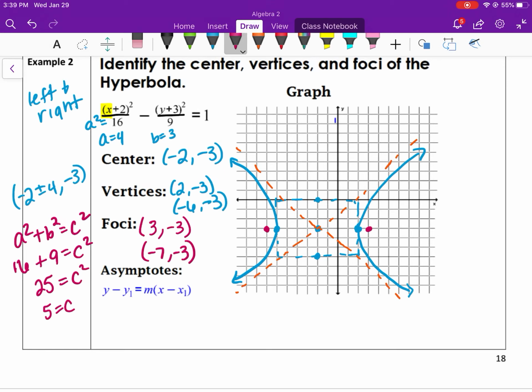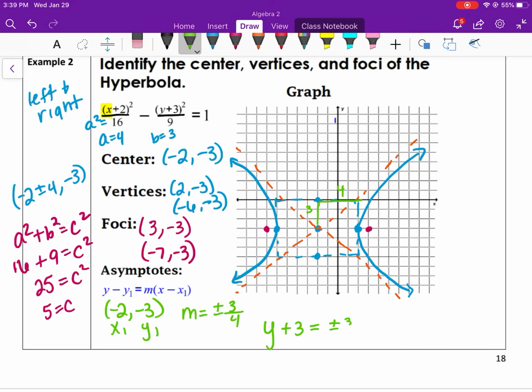The asymptotes, I'm going to use my center, -2, -3 as x1 and y1. And then my slope is rise of 3, so up 3 over 4. So slope is 3/4, both positive and -3/4. So the equation of the asymptotes, y minus -3 will actually be y plus 3.